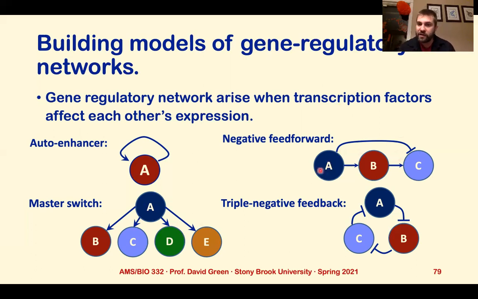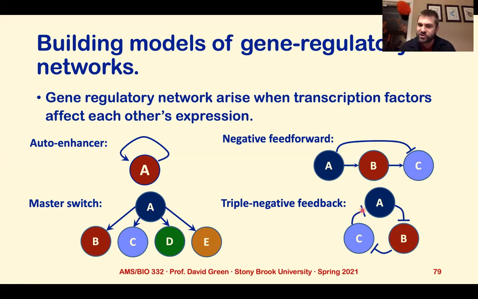So if A is activated, turned on in some sense, it will initially have an effect of holding down C. But even as it's holding down C, it is turning on B. And when B gets turned on, reaches high enough levels, it can start overriding the repression by A to turn on C. And the result is that if some signal came in and turned on A, C would turn on a little bit later. It applies a delay in the response.